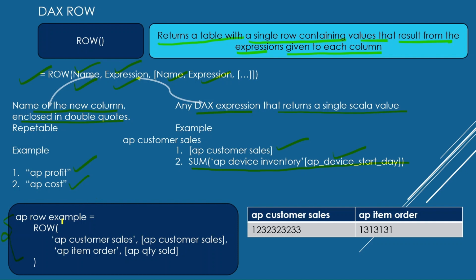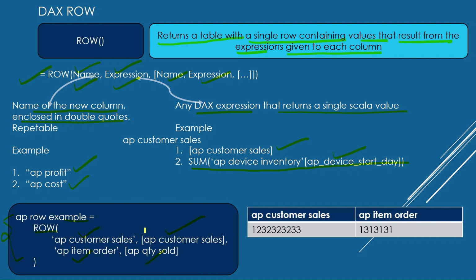Let's understand this ROW function with the help of this code. What we are doing here is creating a table, and the table which we are creating is with the help of a ROW function. This is the name of the column, and this is the value which will populate in this column. This is the name of the column, and this is the value.